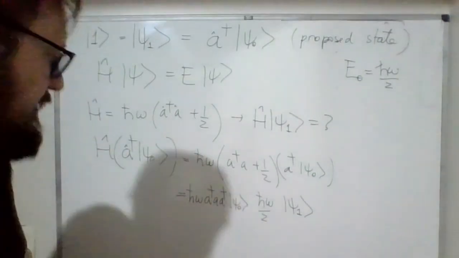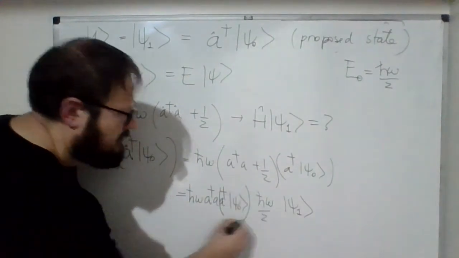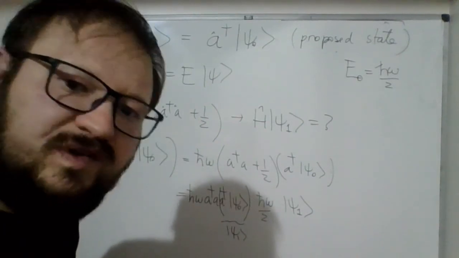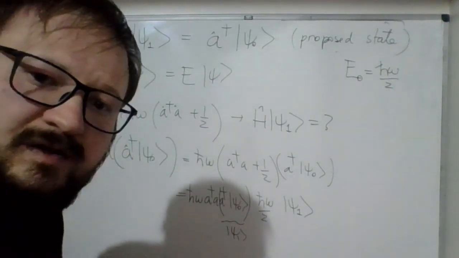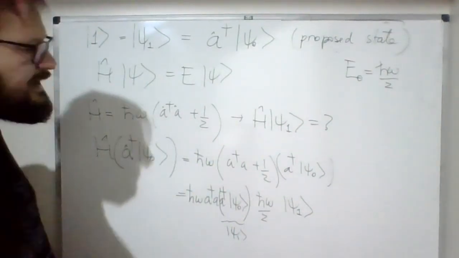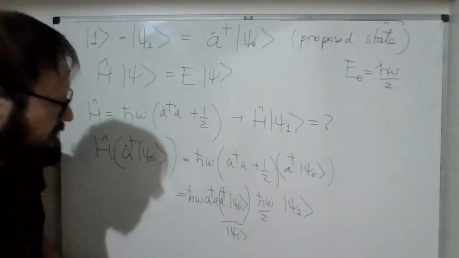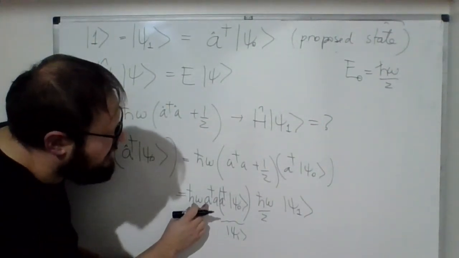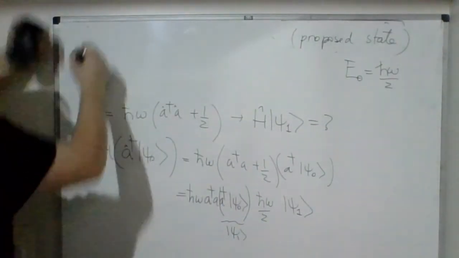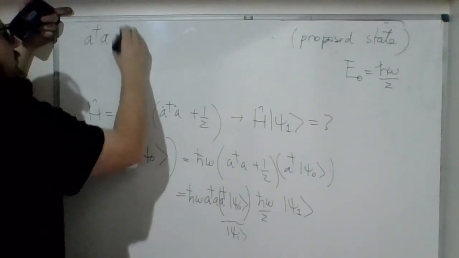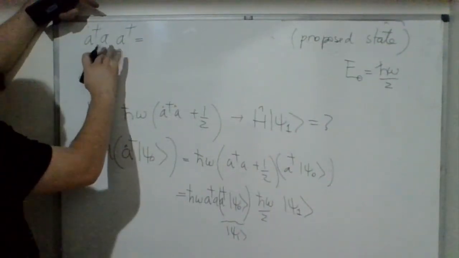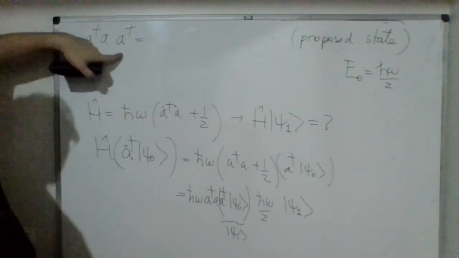Just remember that this is the state psi 1, and matrices can be associated. Eventually, you cannot commute matrices, but they can be associated in any order we want. So let us see what this term here is. A dagger, a, a dagger. Let us perform a commutator here between these two factors.